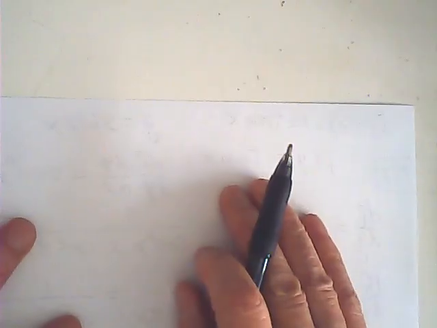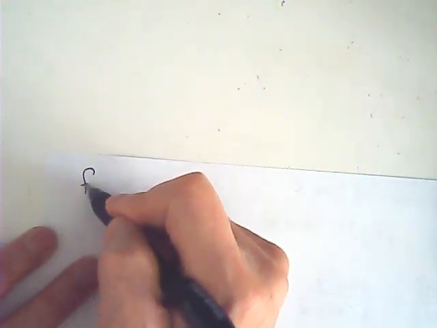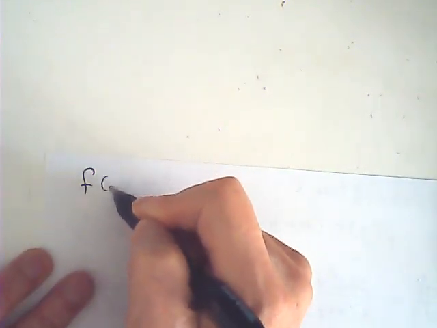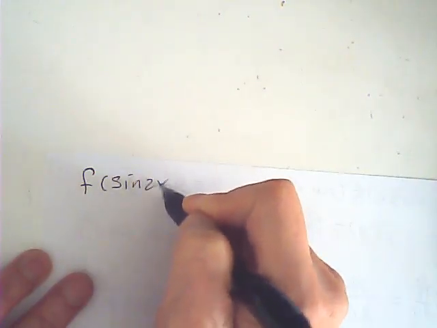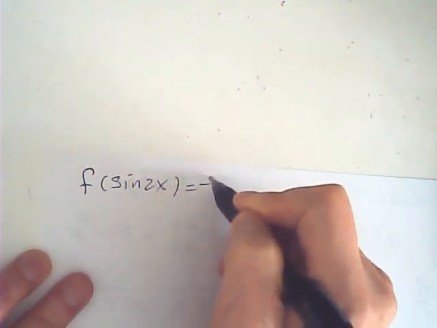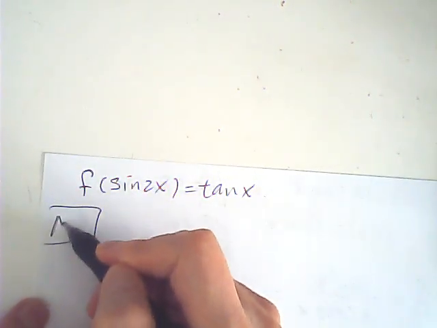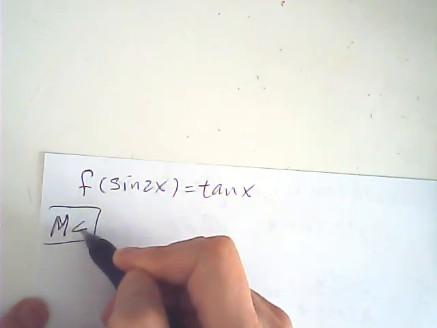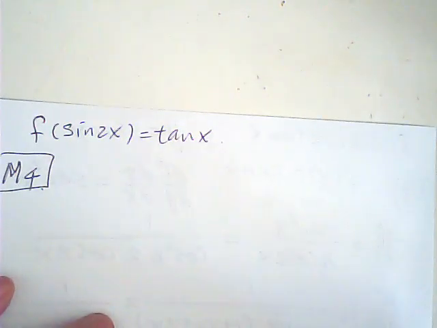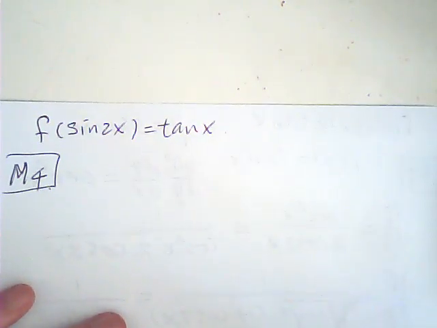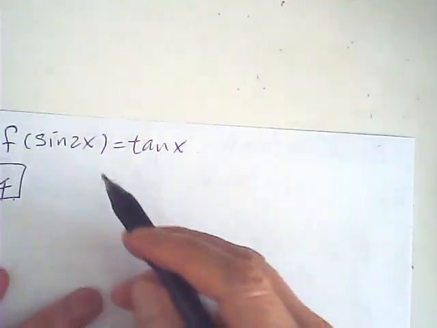Method 4. Well, method 4, f of x. I'm doing this way, okay?